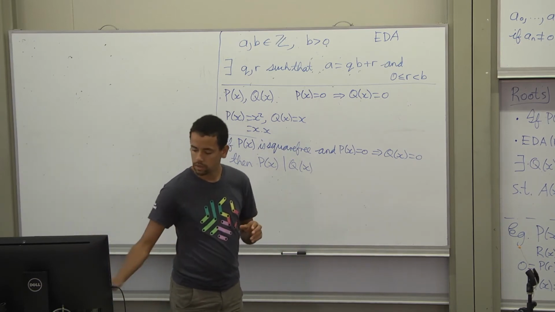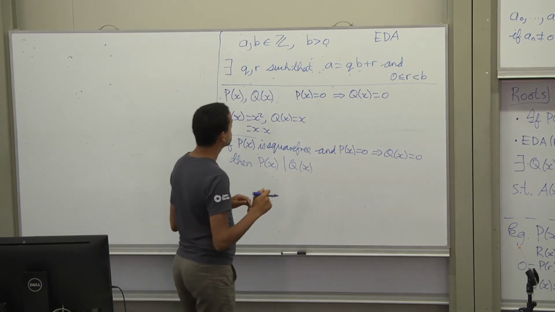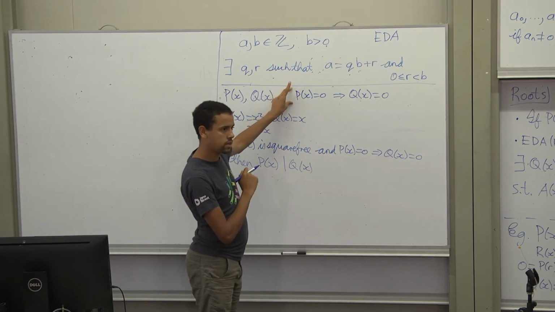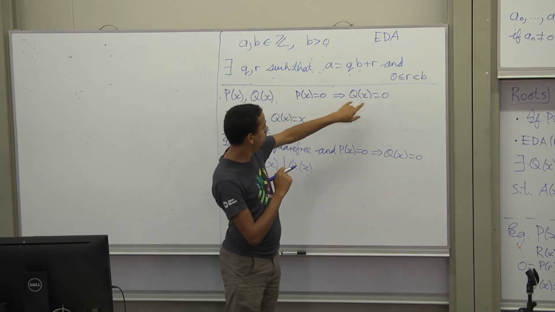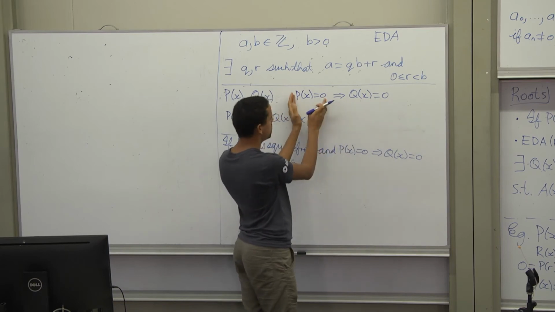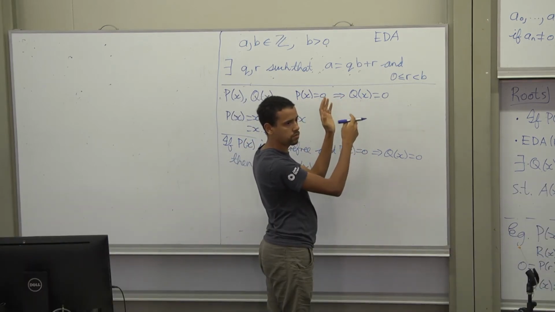Could you just explain again what you mean by if p of x is 0, that implies that q of x is 0? If we have polynomials p and q such that this is always the case. When p of x is 0, q of x also happens to be 0. I see.